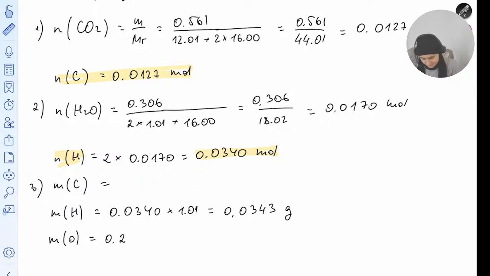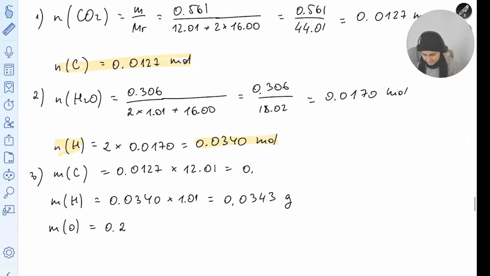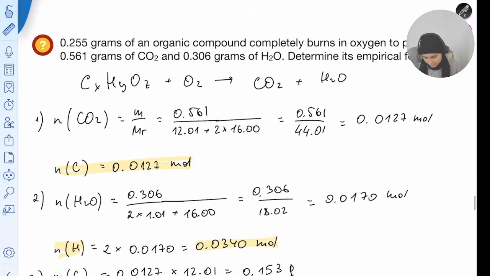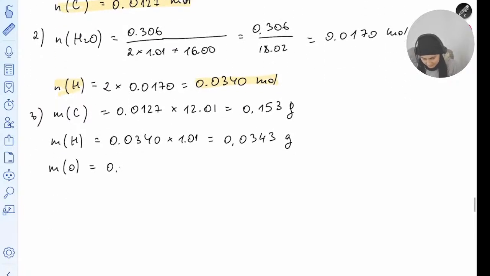This must be 0.0127 times 12.01, which is 0.1525. Well, 153. Okay, and then mass of oxygen would be 0.255, or I hope I haven't messed up anywhere else.